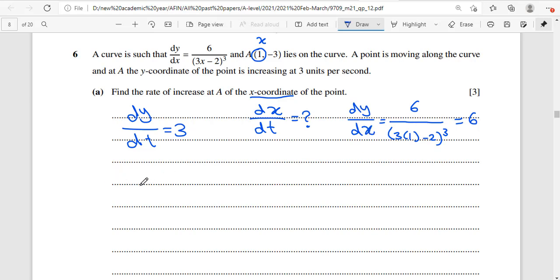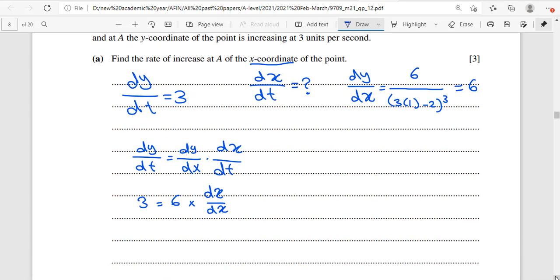Now let's write the chain rule. dy/dt is equal to dy/dx multiplied by dx/dt. This is unknown, but we know dy/dx and we know dy/dt, it was given. Then 3 is equal to 6 times dx/dt. 6 times which number will be 3?